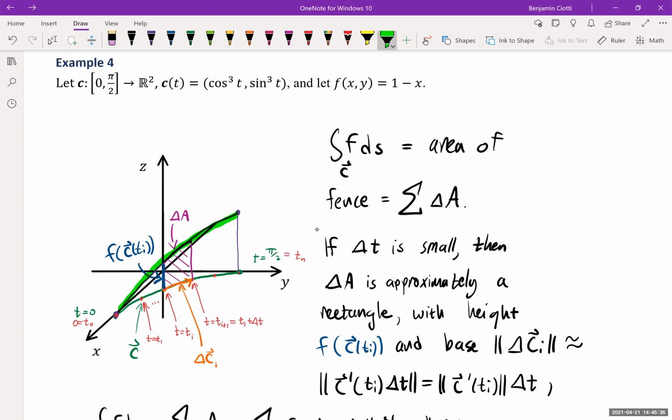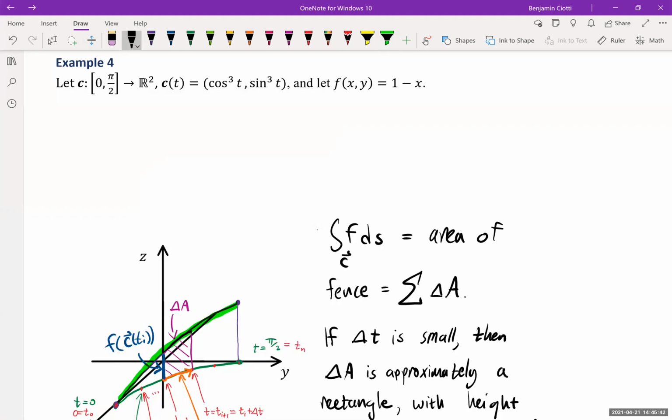Before we do, I want to make a Zoom poll and guess it. I'm going to give you 4 choices. Let's find the average of f over c, and before we do, I want us to guess whether it's more or less than a half.